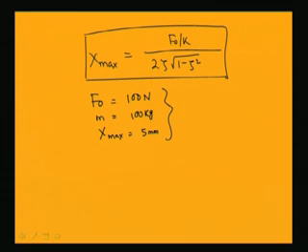The resonant frequency is also given, omega r equal to 10 pi radian per second.